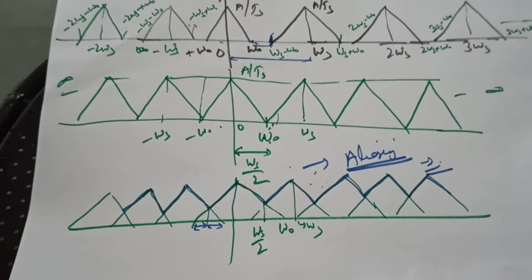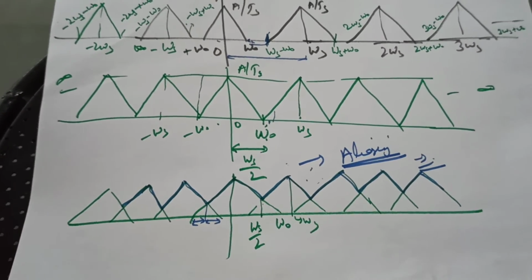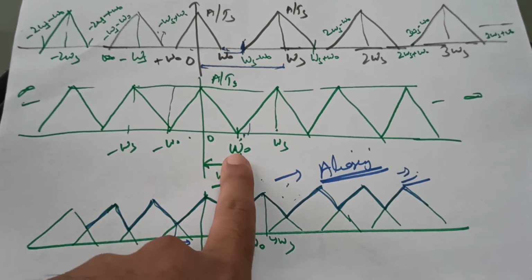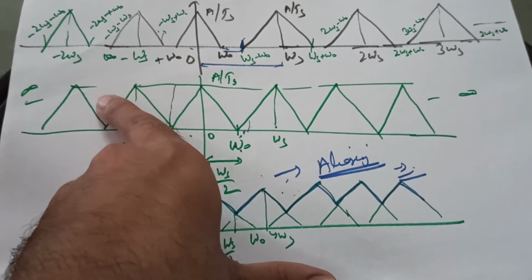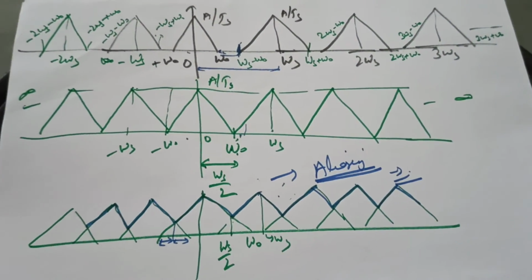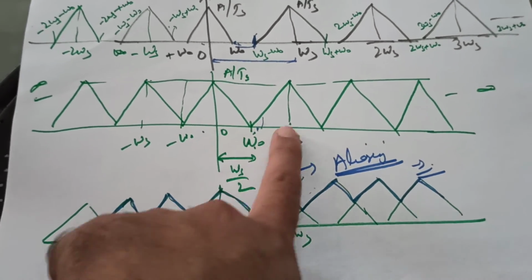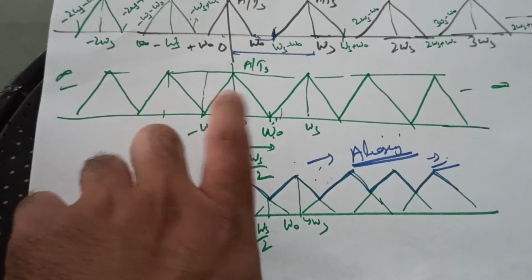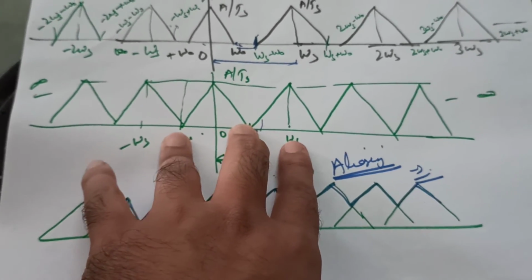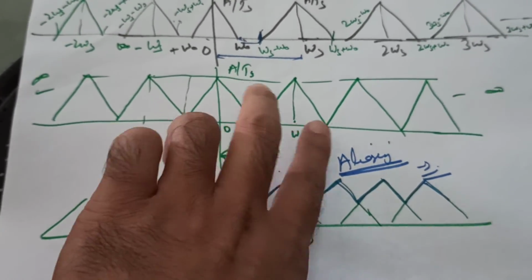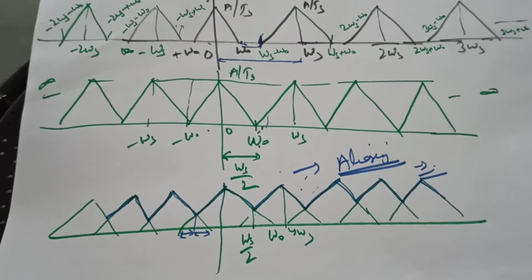Now have a look at this. When this gives you A by Ts amplitude, okay, this is clear. Now just have a look at this. If you look carefully at this part, then this is A by Ts. Clear?